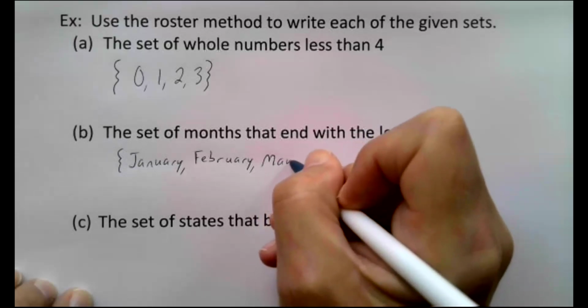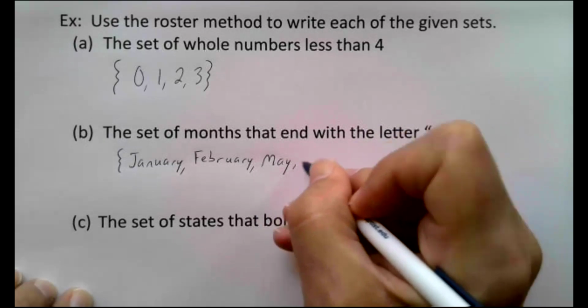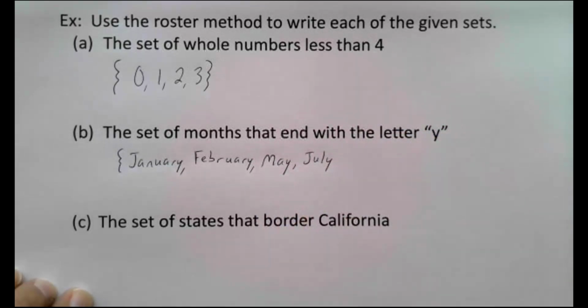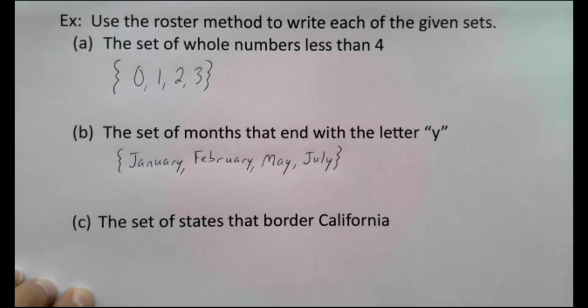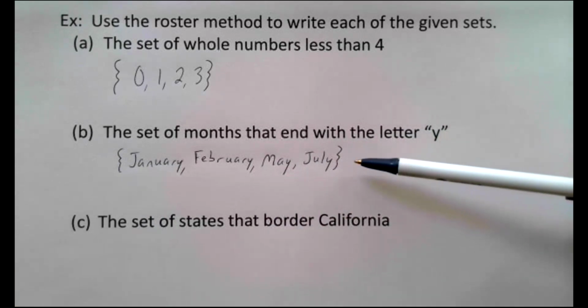May happens to end with the letter Y. June, July, August, September, October, November, December. I think that might be it, right? I think we have 4 months that end with the letter Y when we spell it out. And so this is a word description of that set. This is the roster method description, or way to write that set.